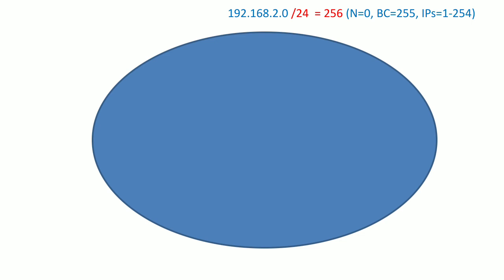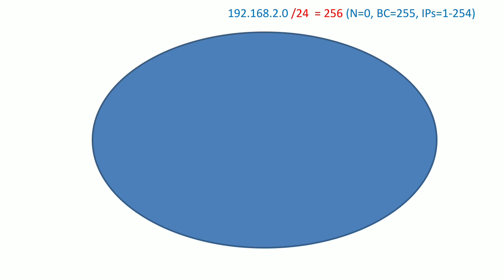Now this is an operational example of how you perform subnetting in your networks. This is a class C IP address of 192.168.2. This oval shape depicts the 256 hosts in this subnet.